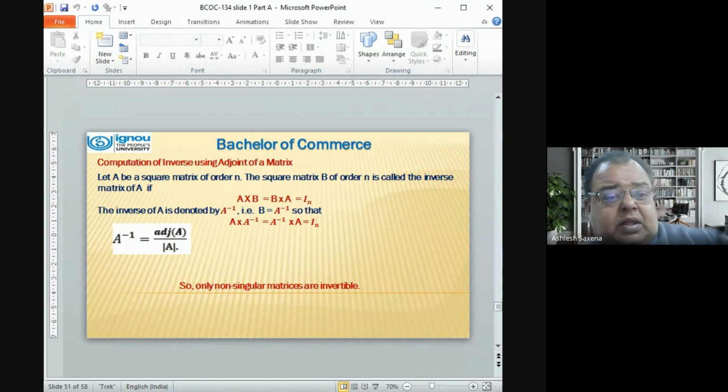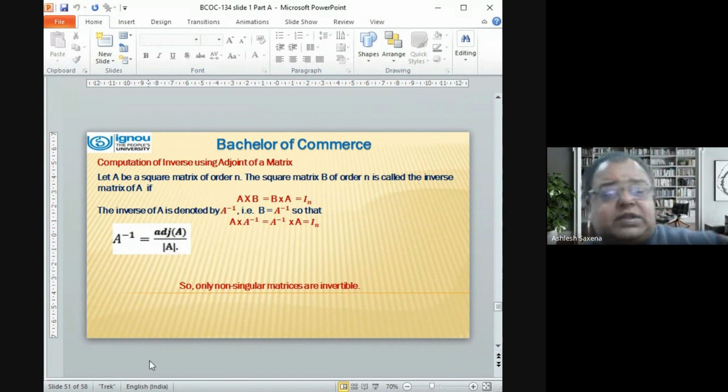This is the formula we will be using: A inverse is equal to adjoint of A upon mod of A, that is the determinant value. Only non-singular matrices are invertible. That means we can find inverse of those matrices only where this is a number not zero.